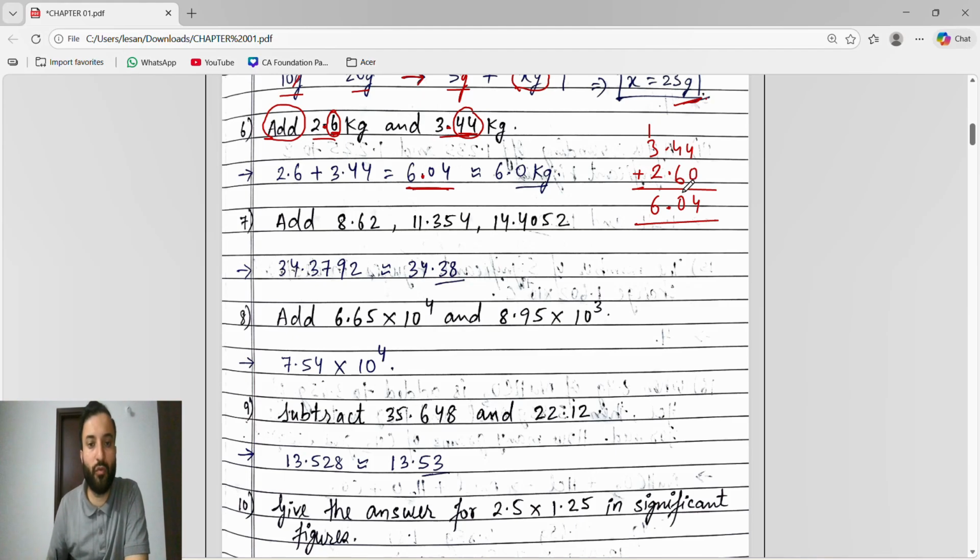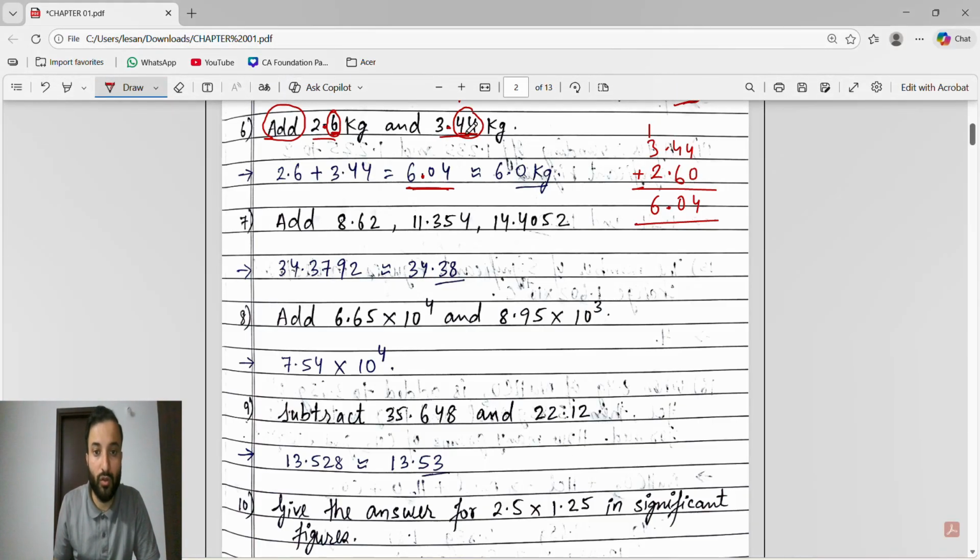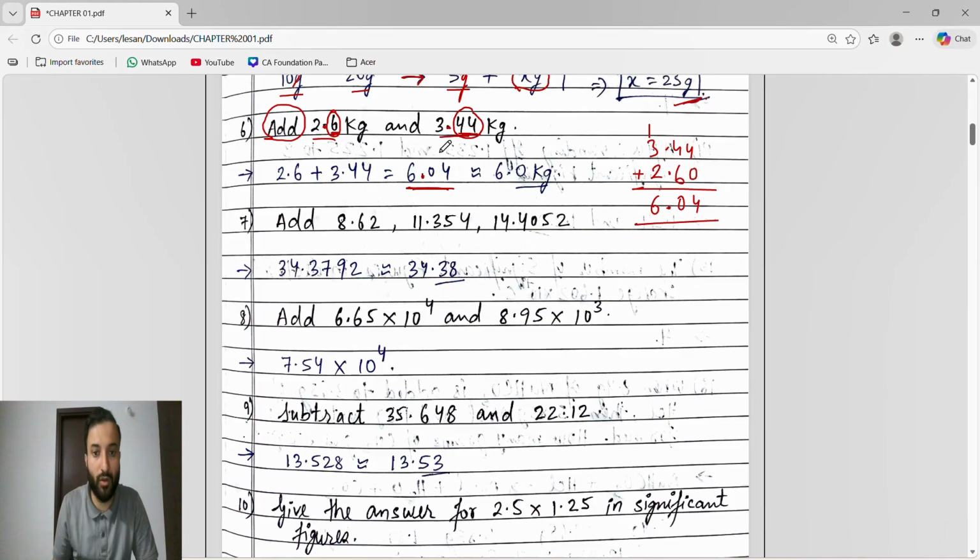So 6.04 we have to convert to 1 digit after the decimal, because in addition and subtraction the final result should be converted to the fewest decimal value, meaning the smallest decimal value.